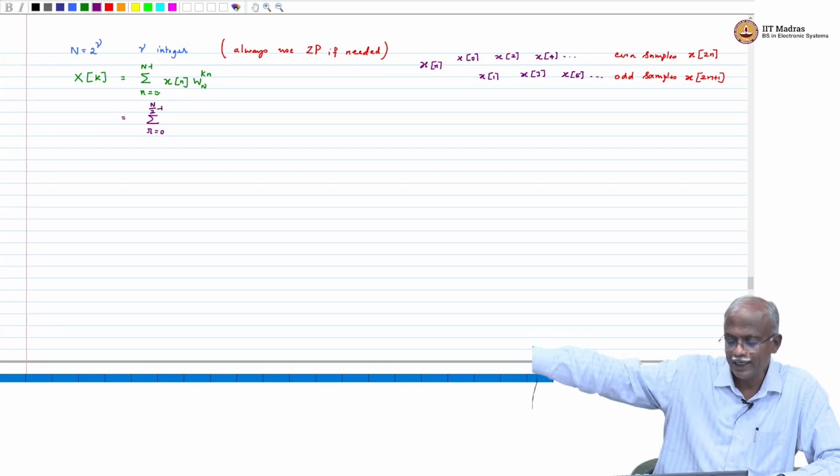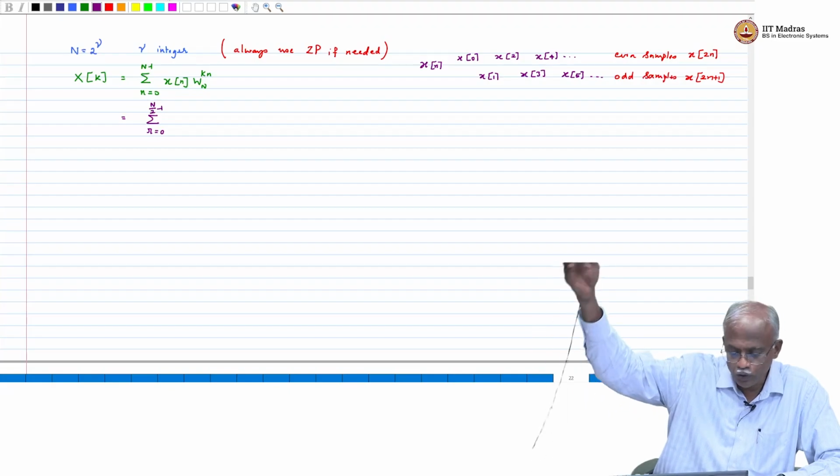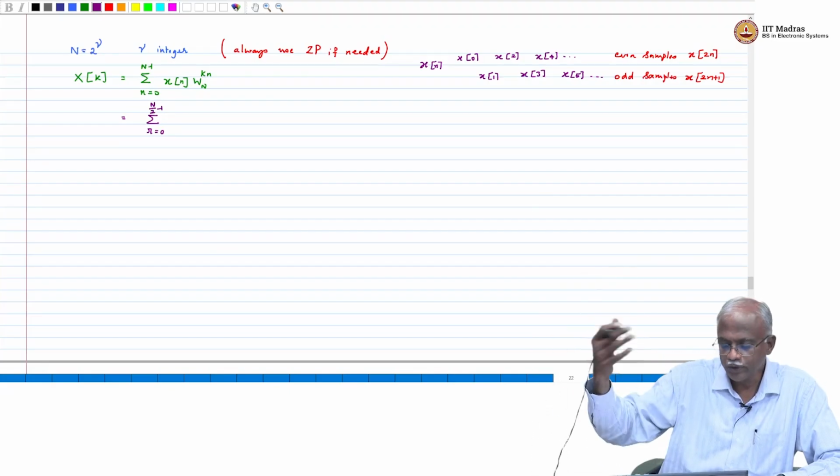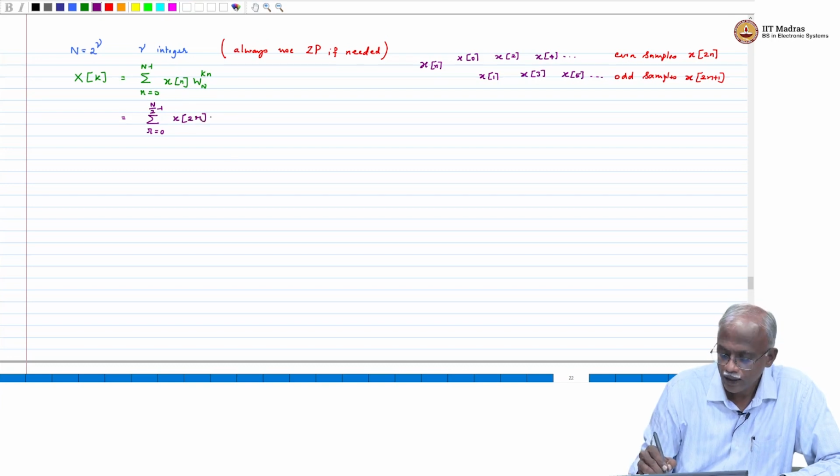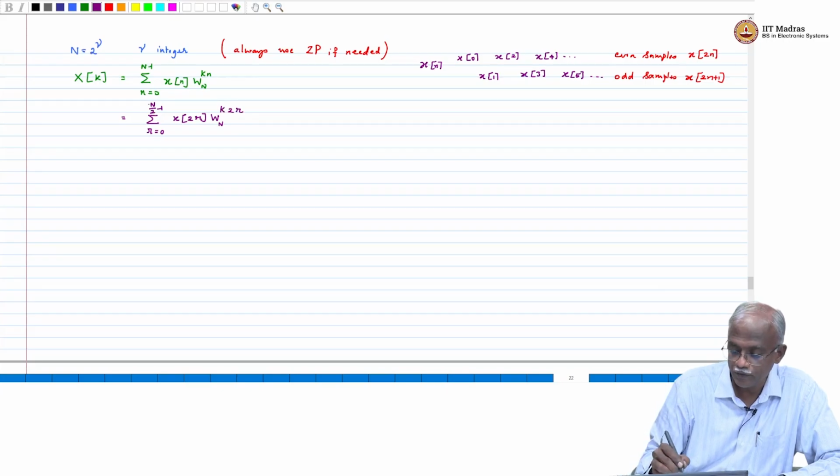If the total of n samples are there, it's a power of 2, so I can take n by 2, which is half the number of samples, 0 to n by 2 minus 1. All the even samples, x of 2r, W_N^{k·2r}. So basically we substitute k times 2r. Remember, wherever there was n, we are substituting 2r.